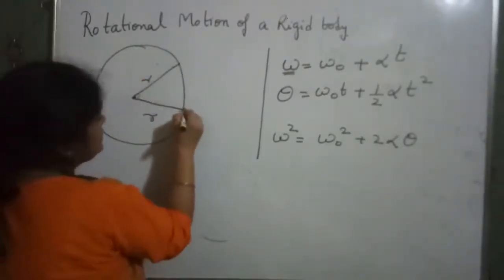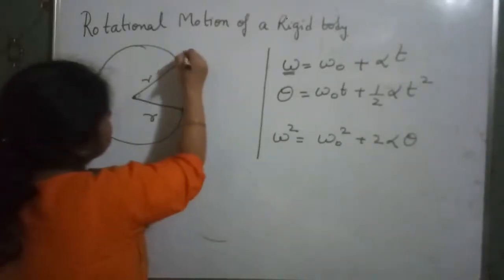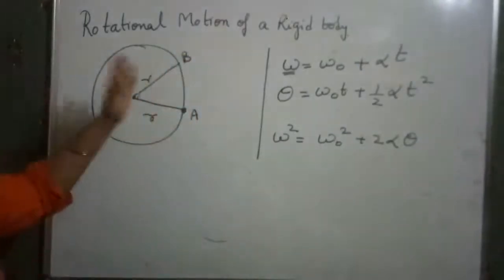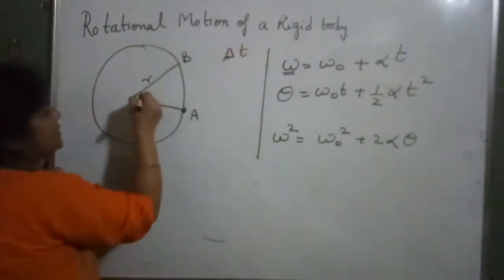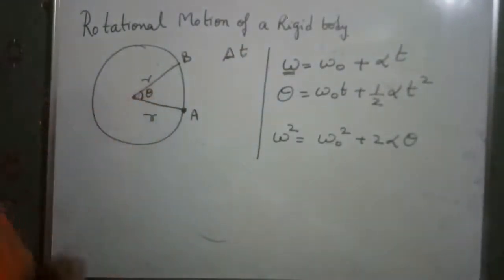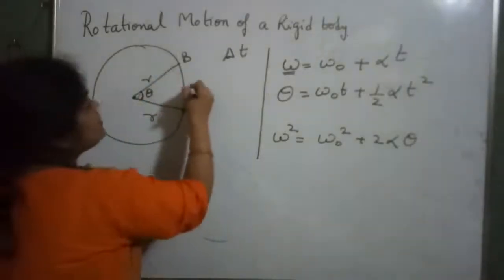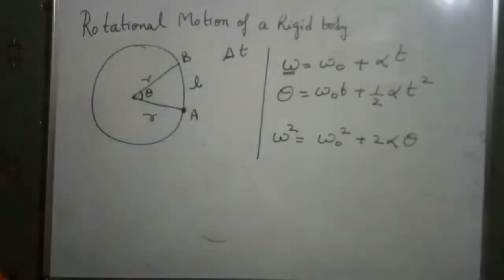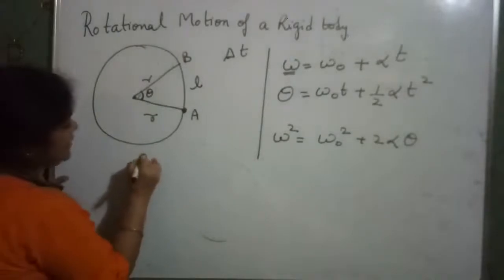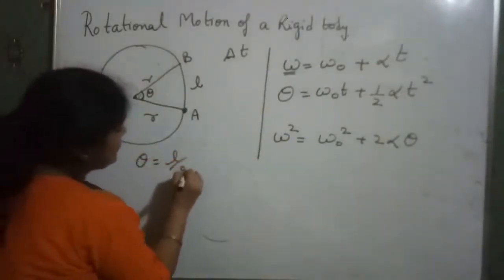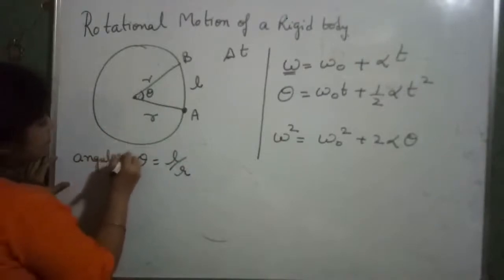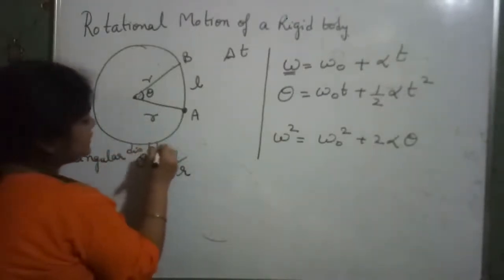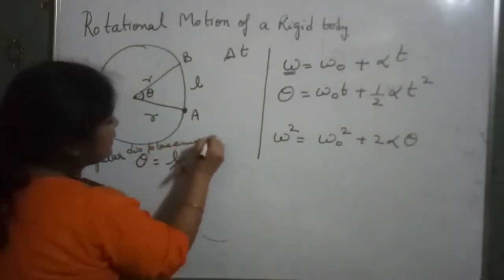If a body is at this point A and it moves up to point B in a circle in time delta t, it makes an angle theta here and travels a distance of L. So according to that, we have theta is equal to L by r, and this is angular displacement.